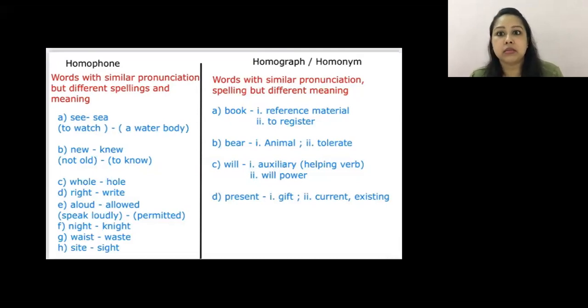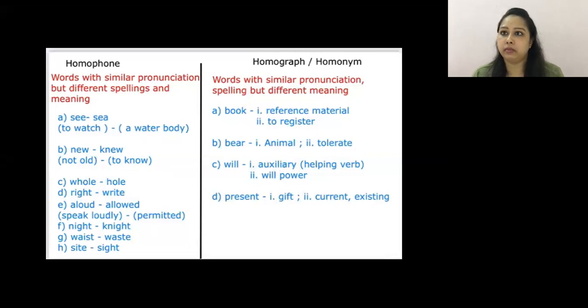Perfect, right. And WRITE, write, is to jot down, to put down something. Aloud, first aloud is speak loudly. And allowed is permitted. Night, waste, sight. I hope you're getting the examples. Very good. If not, pose your doubts. Very good, Sharvil.